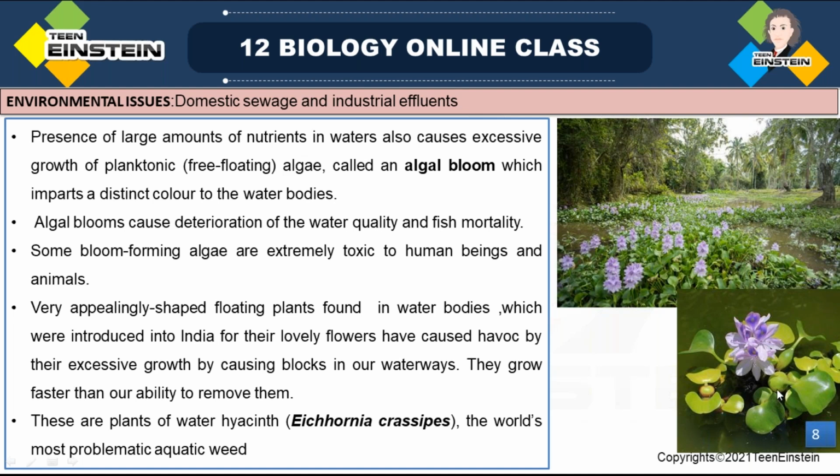Yeah, you have learned about this algae. This is called as terror of Bengal, right? So free floating algae, that is called as algal bloom. A large amount of nutrients will be present in that water body, and that may cause the excessive growth of free floating plants or free floating algae, planktonic algae, that is called as algal bloom.